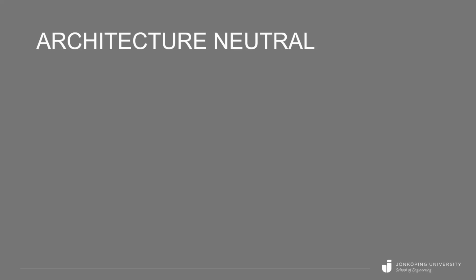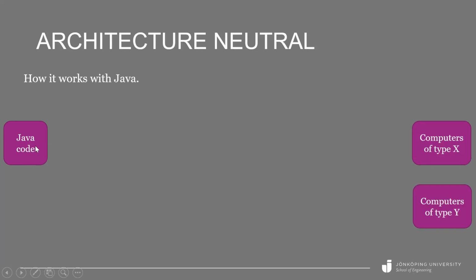So Java is architecture neutral, so let's take a look at how they achieve this. So with Java, we will be writing our Java code as our source code, and then we want this Java code to run on computers of different types and possibly different operating systems here. So how do we make this happen?